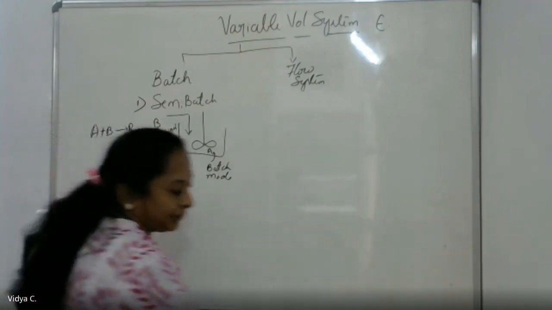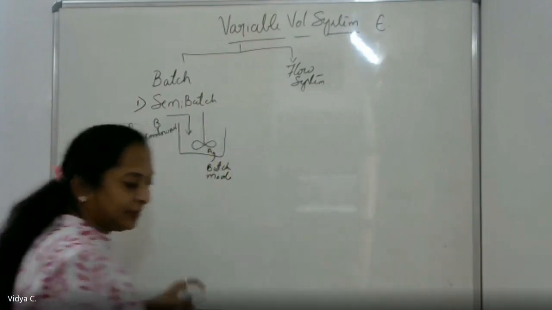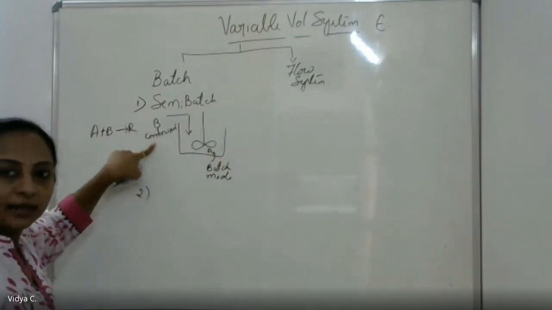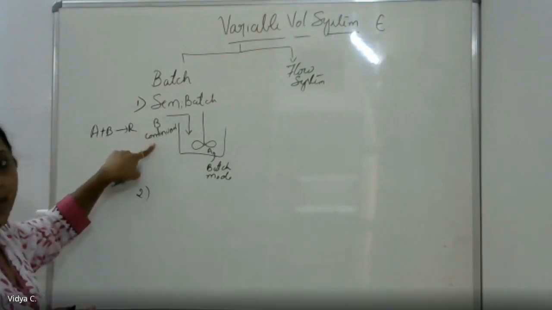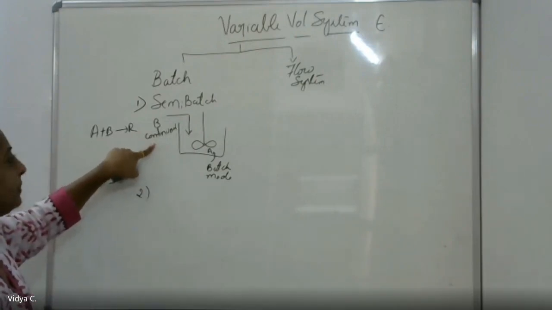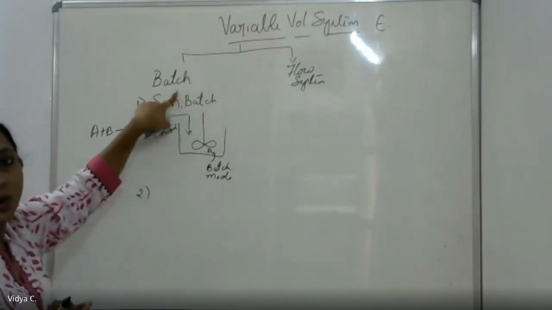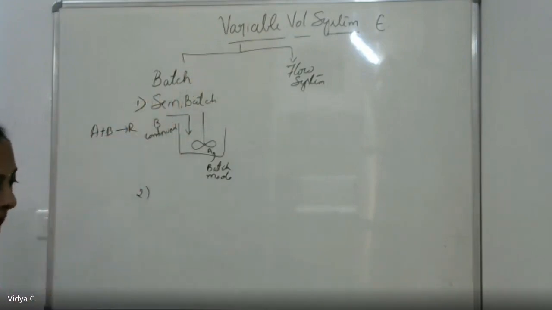So semi-batch, one reactant in batch mode and the other reactant is in continuous mode. This is a semi-batch reactor. So, one example for a variable volume system which is operating in a batch mode.